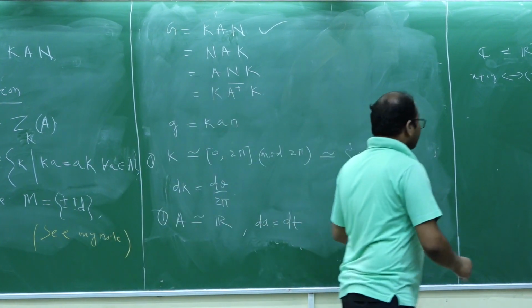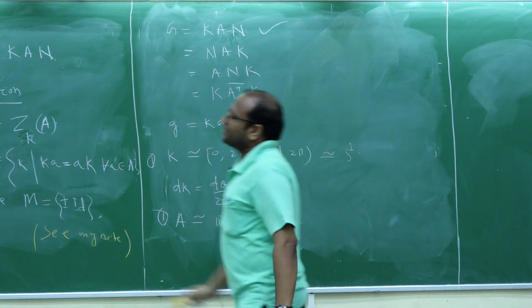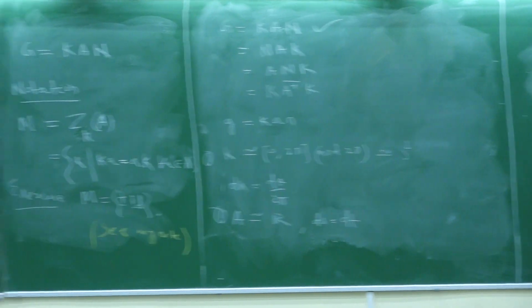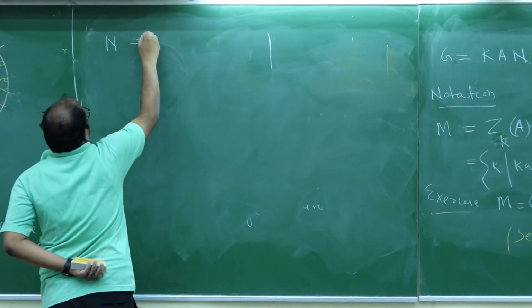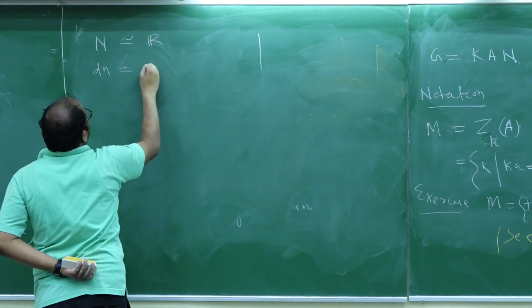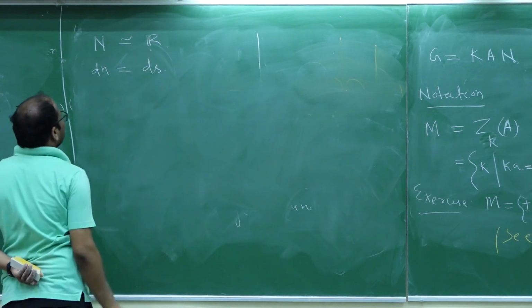And N is isomorphic to R; it has measure dn, which gives the Lebesgue measure.